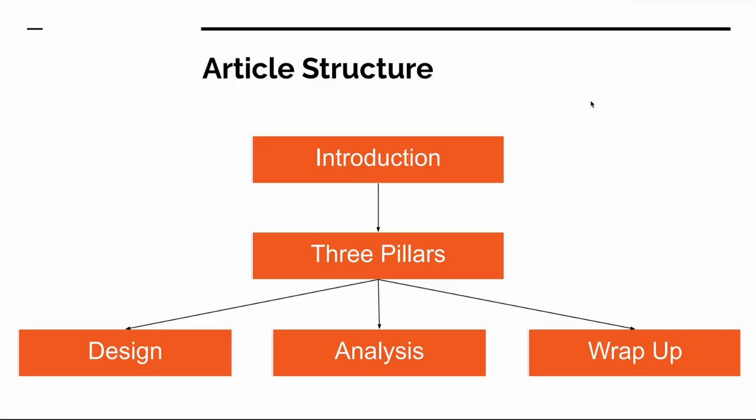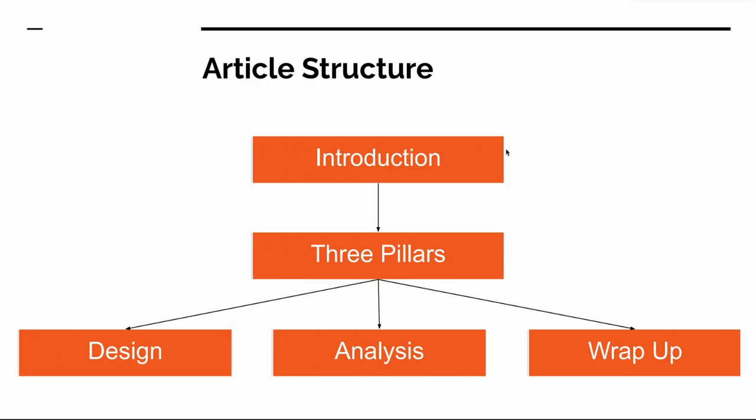So the structure of the article, or at least of the most significant parts, and of my presentation looks like this. First of all, it's the introduction to human-computer interaction and other key principles this presentation is going to be about.